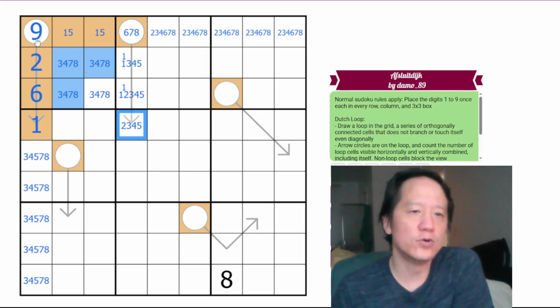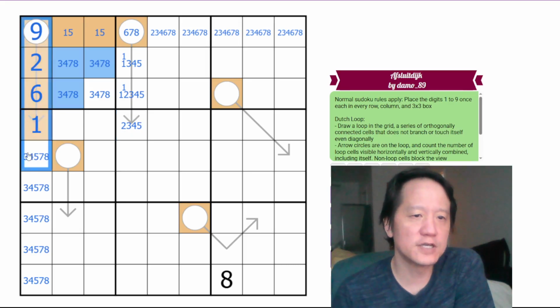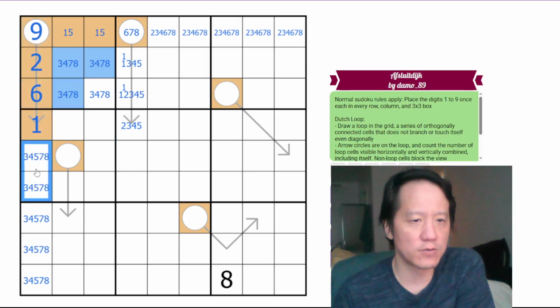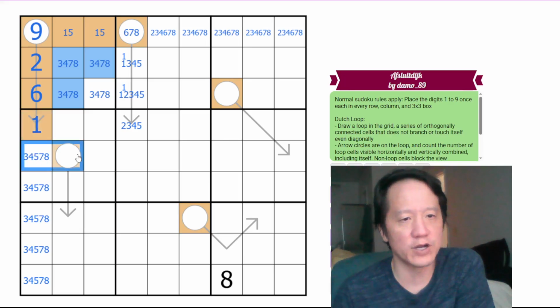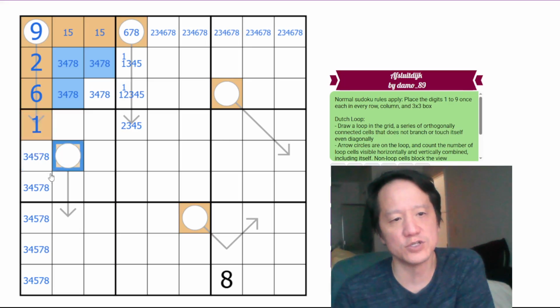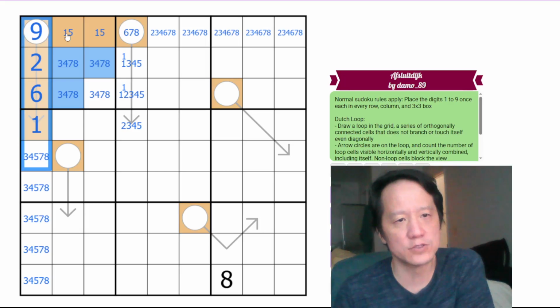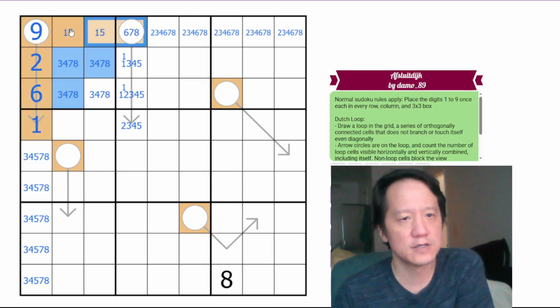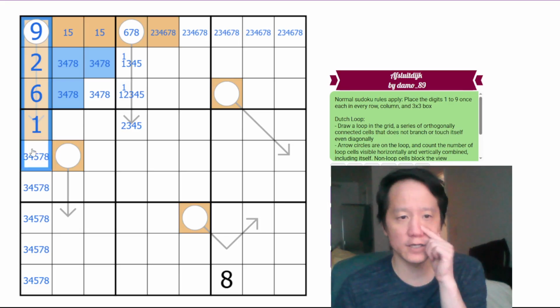Okay, so this cannot continue down to here, right? Because if it goes here, the loop would have to continue this way. So this is 5 at most. This would be 6, 7, 8 total that it would see if that's the case. Therefore, it must see one more this way, at least, right? Because if it goes 5 down here, it has to turn here.